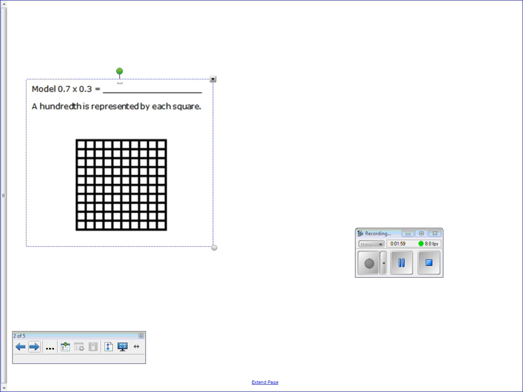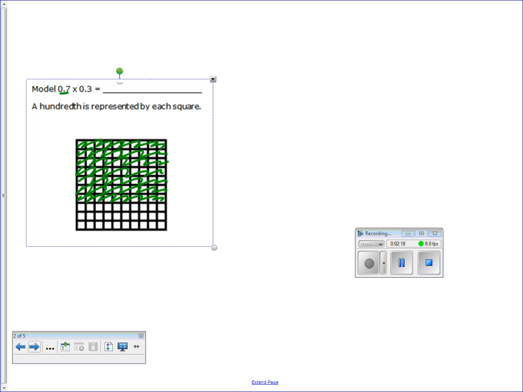So 7/10. I'm going to just do it this way, horizontally. 1/10, 2/10, 3/10, 4/10, 5/10, 6/10, 7/10.